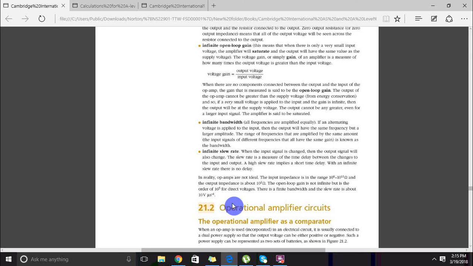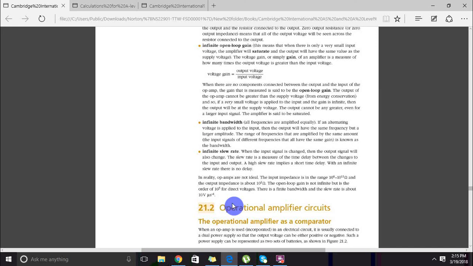But what delay are we talking about? Not the delay for when the train is going to come up. It's the delay at which there is a change at the input. That is, the input signal is changing, and the time it takes for the output signal to change to mirror the change at the input.